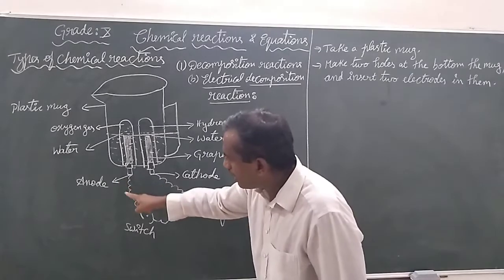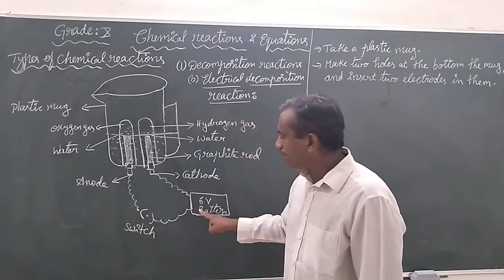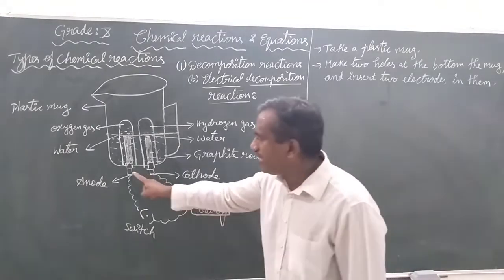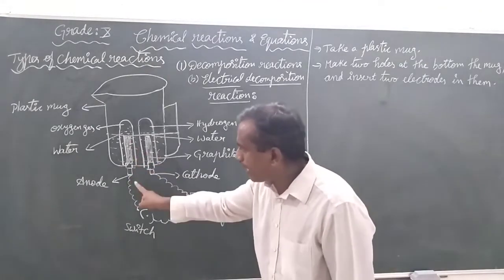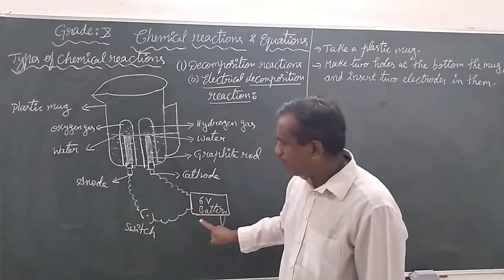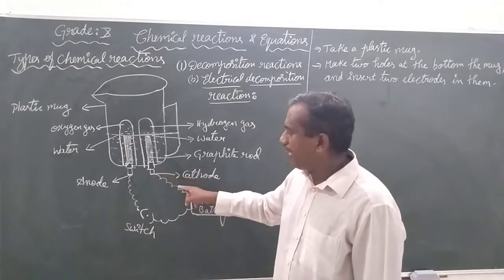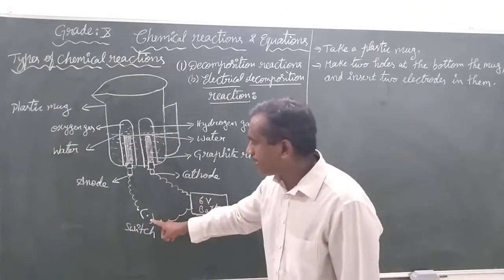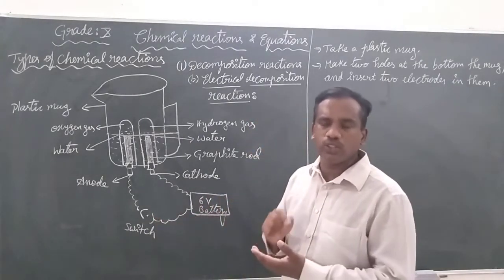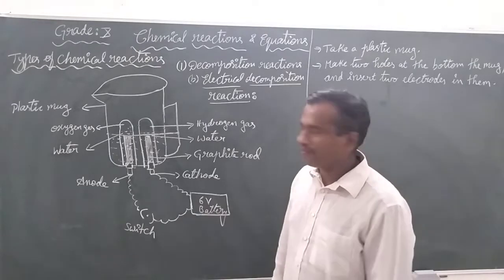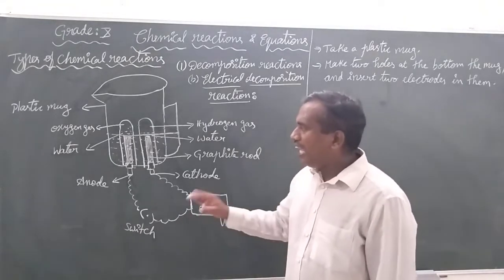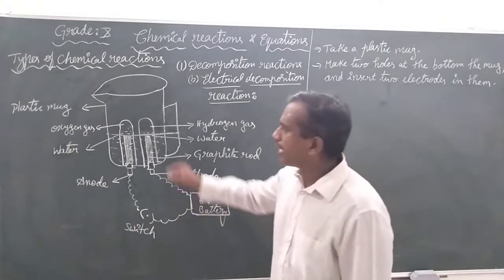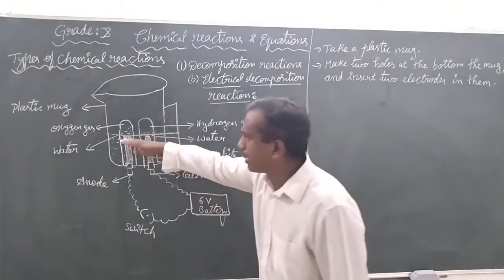The wire from one electrode we connect to the anode of the battery, and the other end we connect to the cathode. But in between we use a switch to start and stop the flow of current.